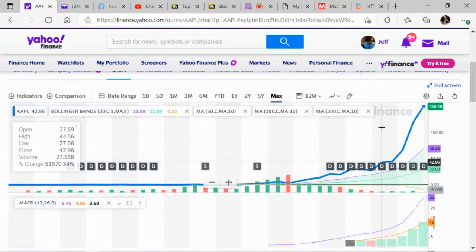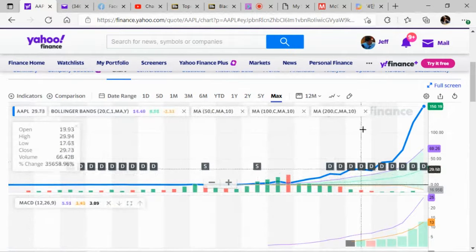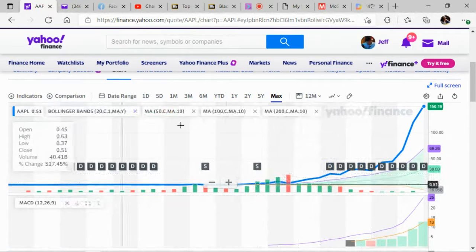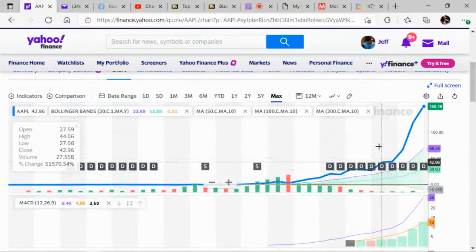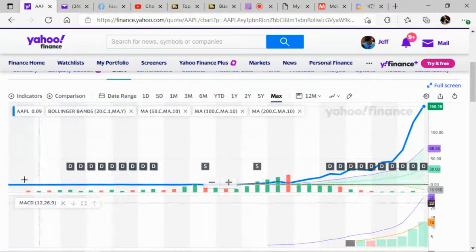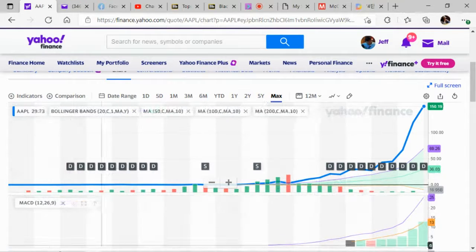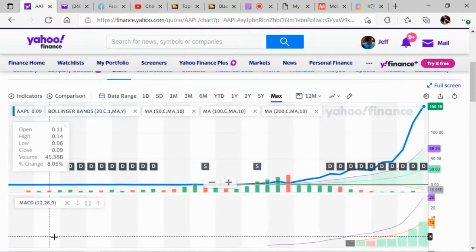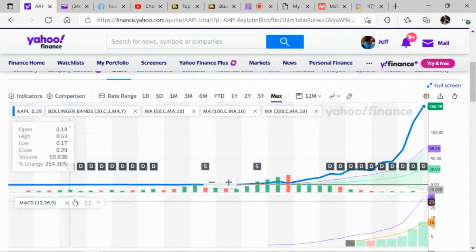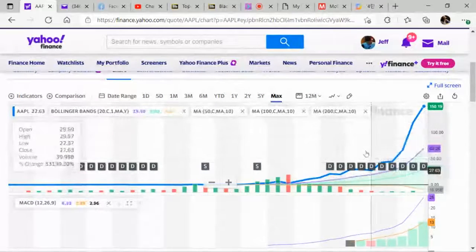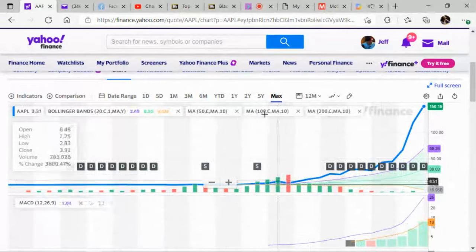So all the prices prior to the stock split will be recalibrated, so that the data will have smooth continuity. You understand? So that's why, because there have been several splits.